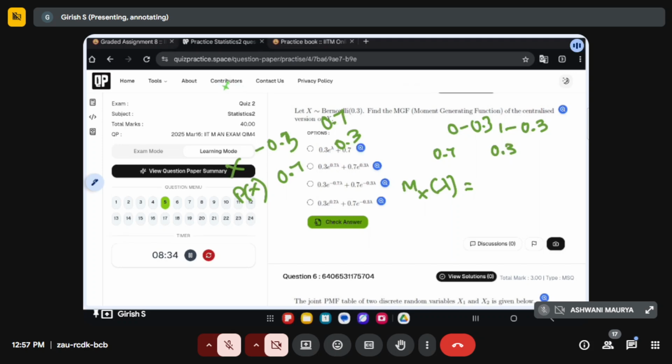So when we calculate this, this becomes the expected value of e to the power lambda x in general.